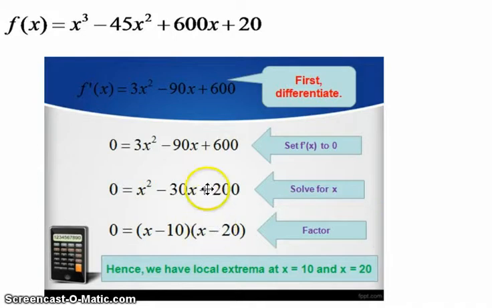So when you factor this polynomial expression x squared minus 30x plus 200, you may use the strategy of sum and product, or splitting the middle term. By then, when you use those strategies, you will get x minus 10 times x minus 20. Setting both binomials to 0, you will have x equal to 10 and x equal to 20.